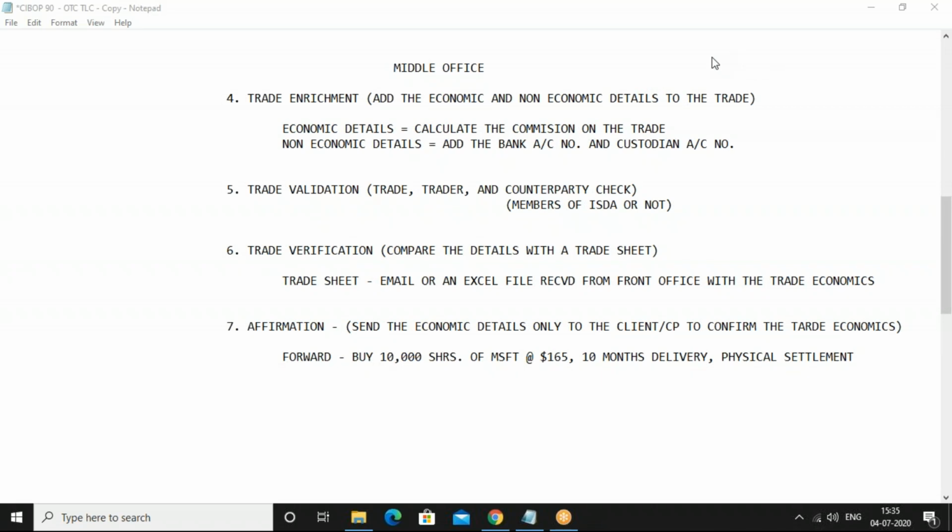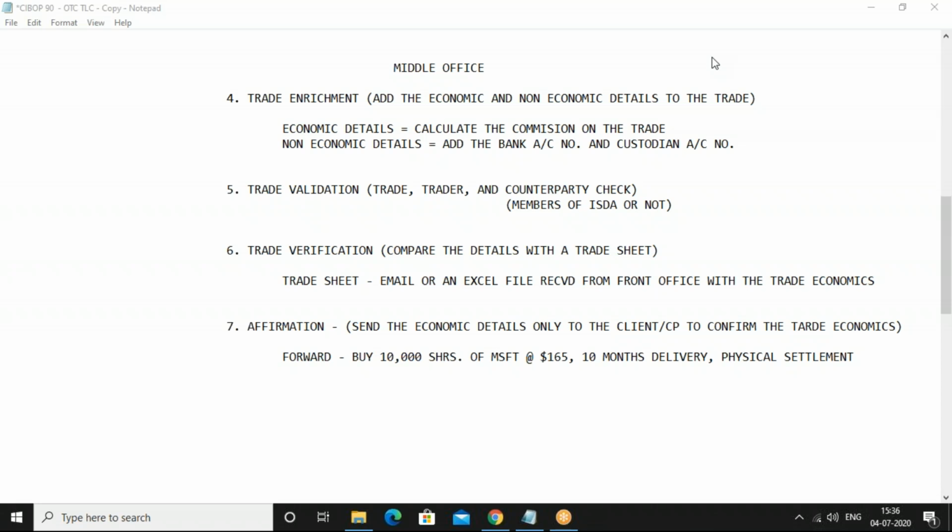When we talk about affirmation, what this means is that when you and I enter into an OTC derivative contract, it is a highly customized contract, so whatever we can imagine, we create that contract and we agree to the terms and conditions. But because this is not traded on an exchange and ISDA is not a regulator, the investment bank or the broker has to create a trade confirmation.